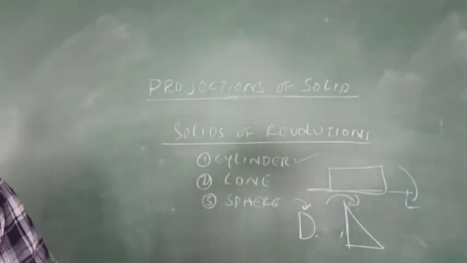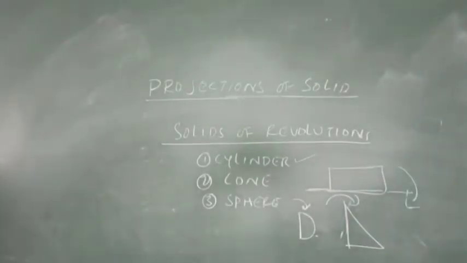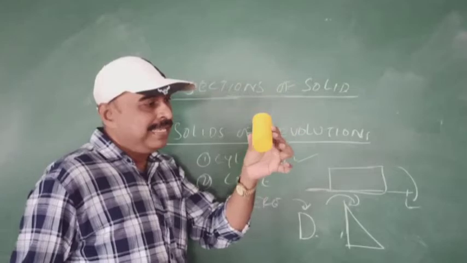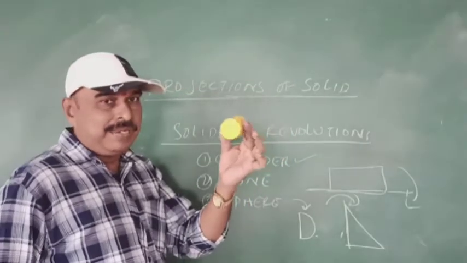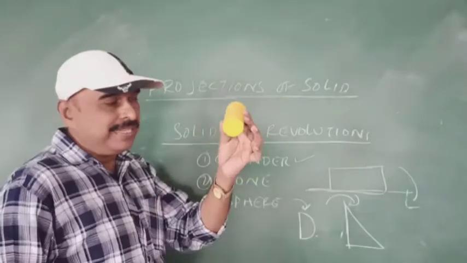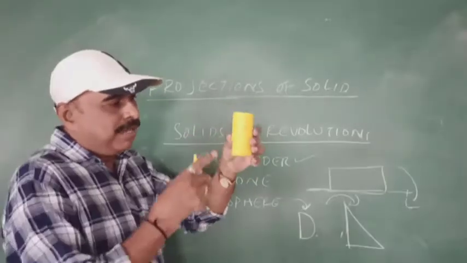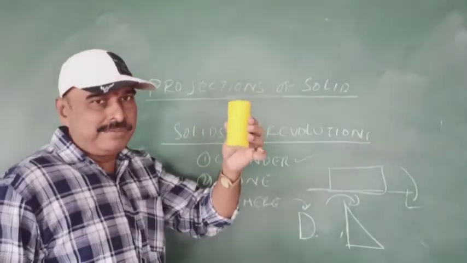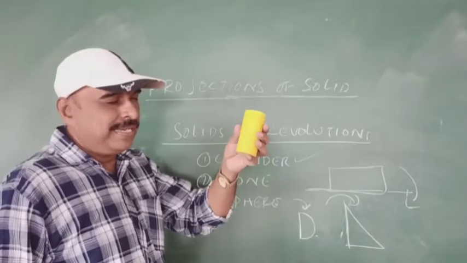I can show you. So this is the cylinder. You can see the cylinder has a circular base, the top face and the bottom face are circles in shape, and these two are joined by what you can call end generators.